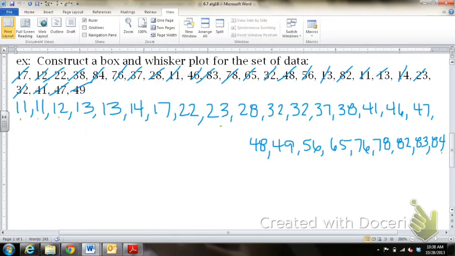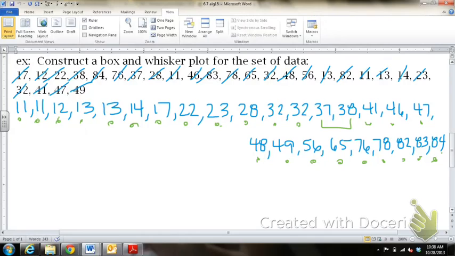So half of 26 is 13. So 1, 2, 3, 4, 5, 6, 7, 8, 9, 10, 11, 12, and here are my middle two numbers.